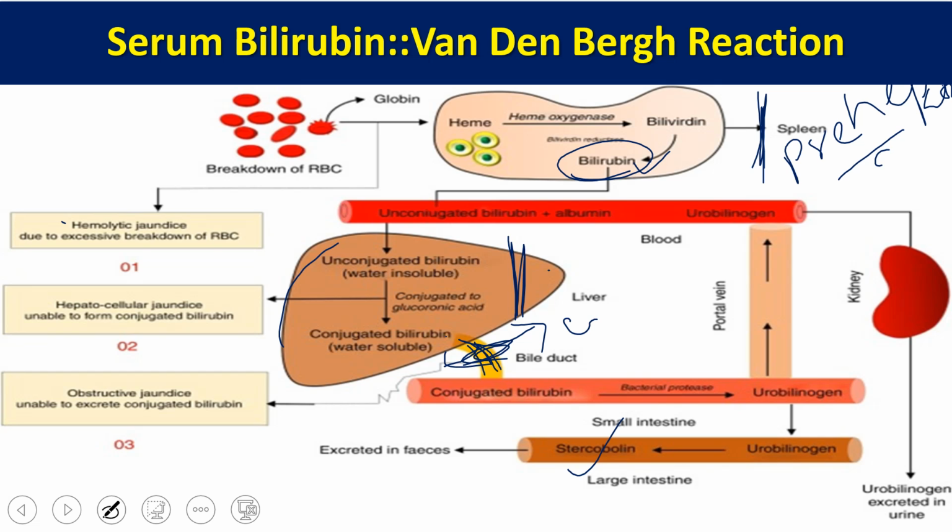So jaundice can be of three types: either prehepatic, before the liver, hepatic, due to a defect in the liver, or post-hepatic, due to a defect in the bile duct. Or hemolytic jaundice, hepatocellular jaundice, or obstructive jaundice.